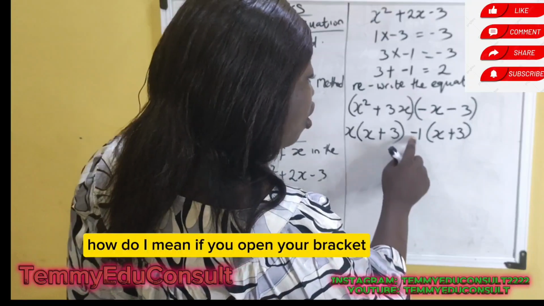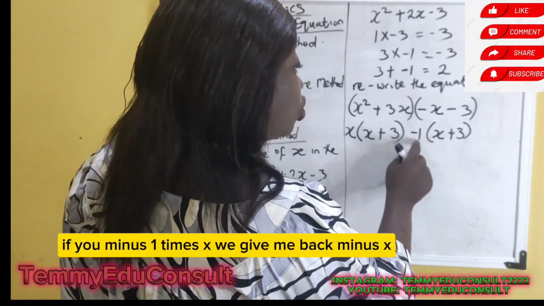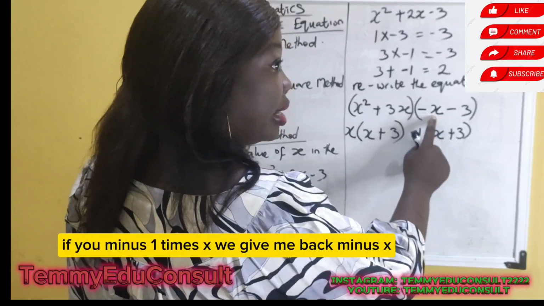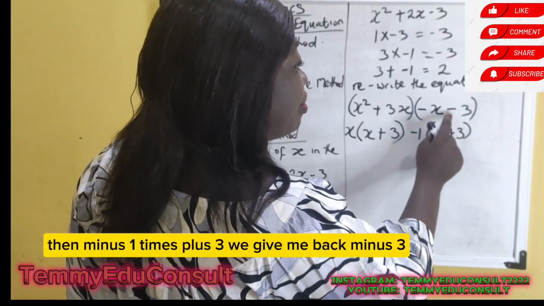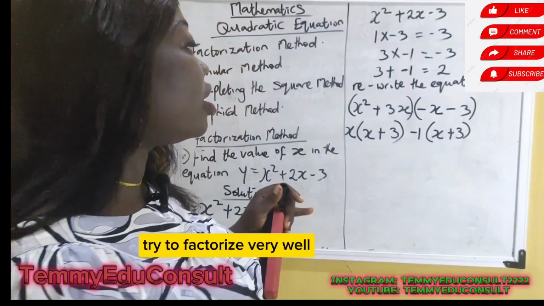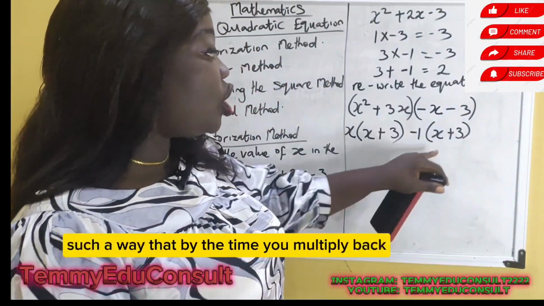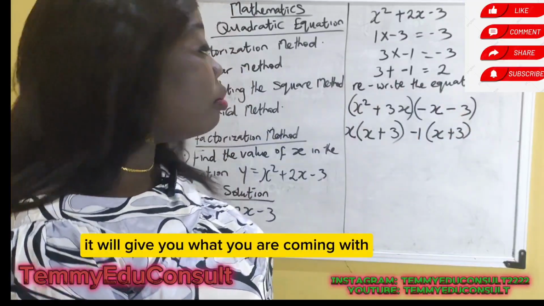How do I mean? If you open your bracket, minus 1 times x will give me back minus x, then minus 1 times plus 3 will give me back minus 3. So when you are factorizing, try to factorize very well in such a way that by the time you multiply back, it will give you what you are coming with.